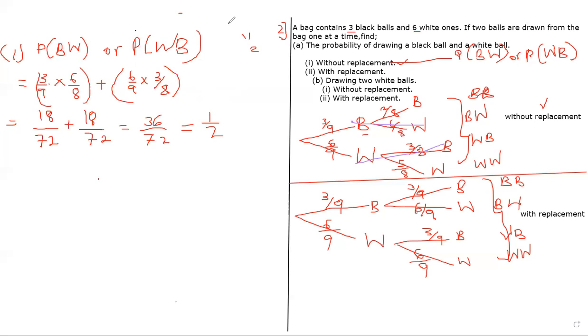But now, when we come to the second part, which is asking with replacement, it's different. So we now go black, white, or white, black, because they haven't specified the order. So again, it's the probability of BW or the probability of WB.